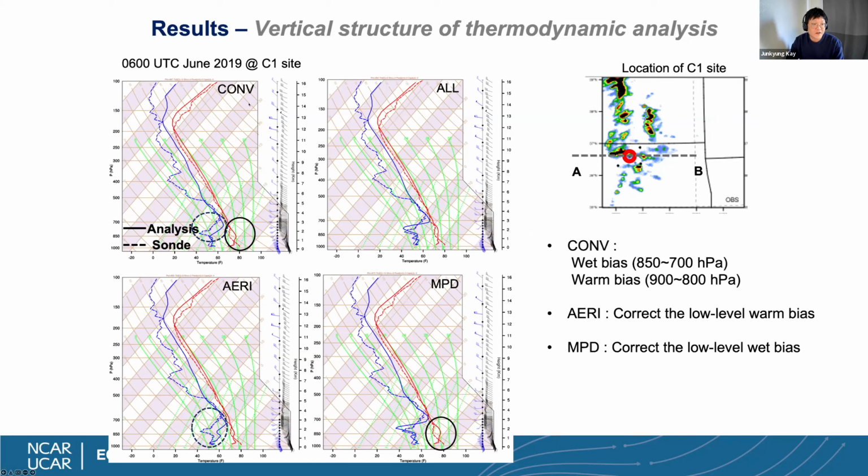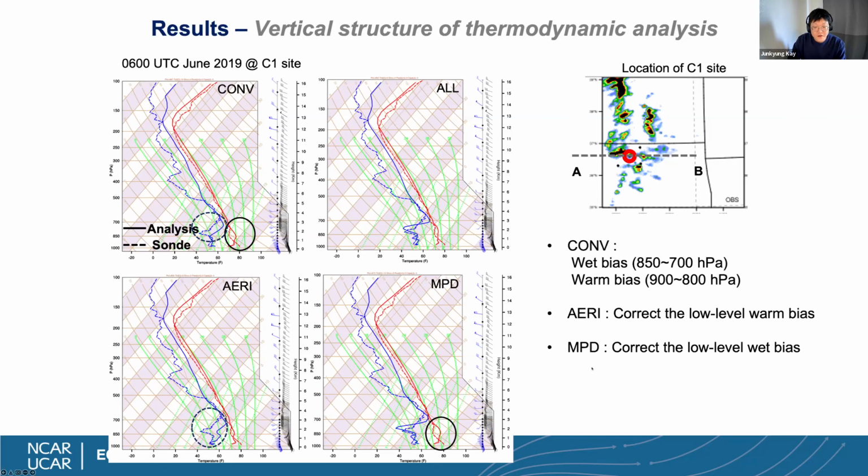When we just assimilate the conventional observation, we can find the wet bias at this level, and also the warm bias here. Assimilating the ARI data corrects this warm bias, but there is still this wet bias remaining here.